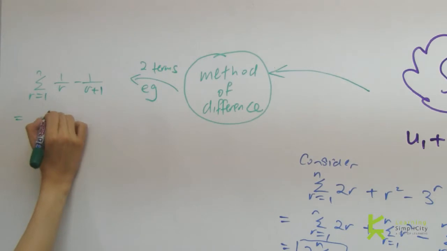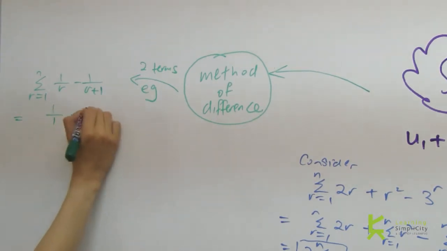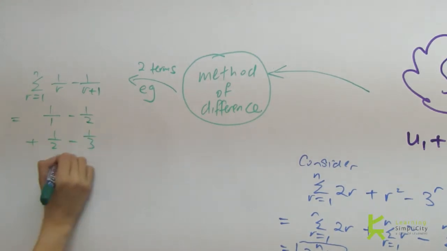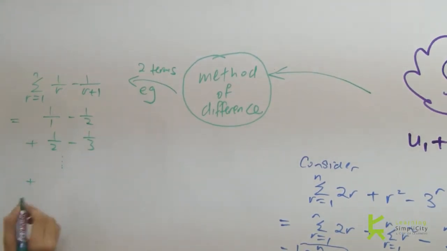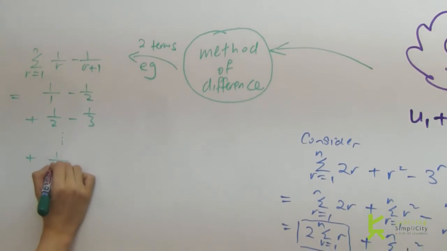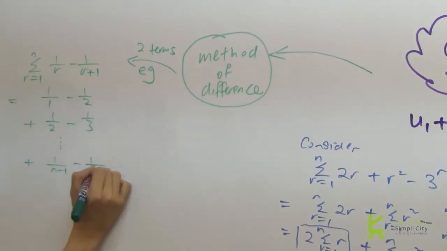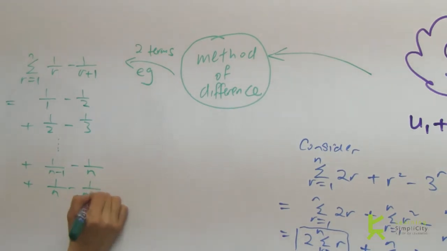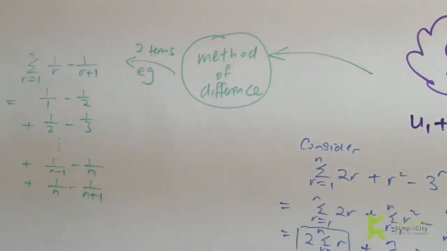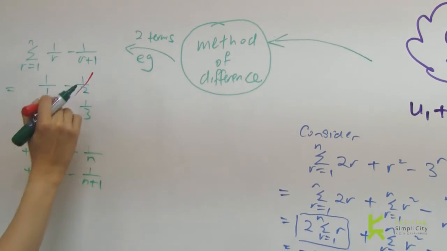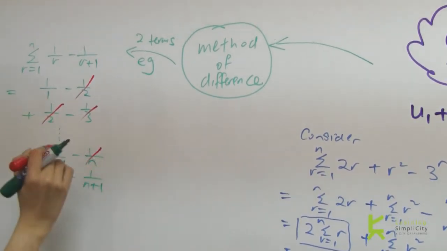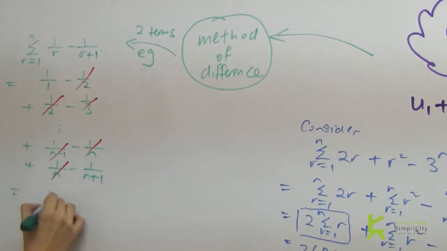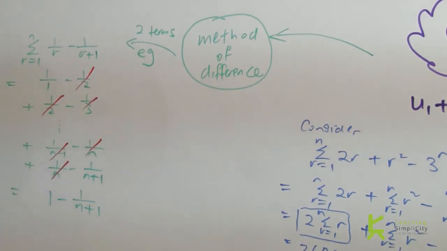I can list out the first two terms as such. 1 over 1 minus 1 over 2 plus 1 over 2 minus 1 over 3. I can also list out the last two terms, which is 1 over n minus 1 minus 1 over n plus 1 over n minus 1 over n plus 1. Cancellation can be done here. At the end of the day, you have the outcome which is 1 minus 1 over n plus 1.